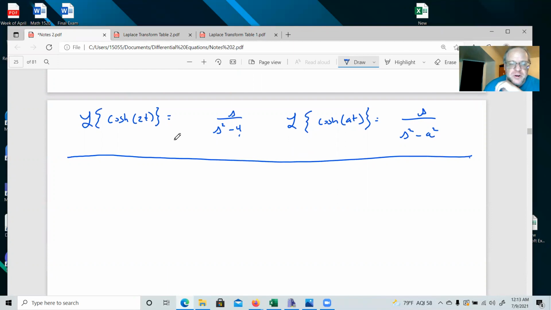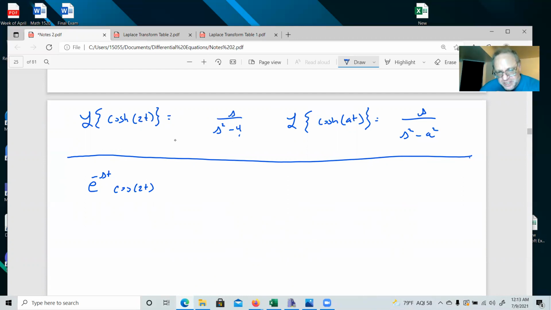Now, here's why I'm a jerk. Okay. And I get this from the way I grew up too. So we want to do the Laplace transform, e to the negative st, of cosine of 2t. Now, most of the students are going to dutifully go through and do integration by parts twice and do the whole flip this over to that and deal with it.